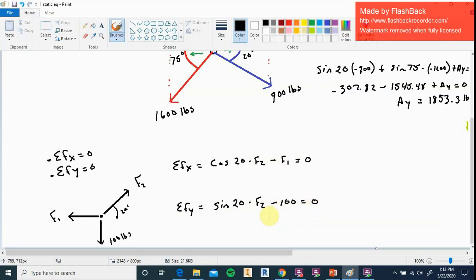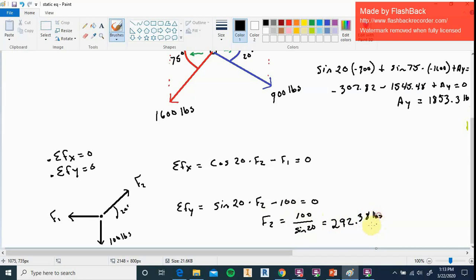So if I do it all in one step, F2 is going to equal 100 divided by the sine of 20. All right, and if we were to do that, let me get my calculator here, 100 divided by sine of 20 gives me 292.38. All right, so that came out positive, which is good.